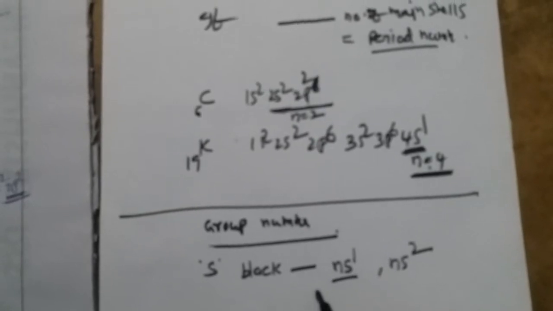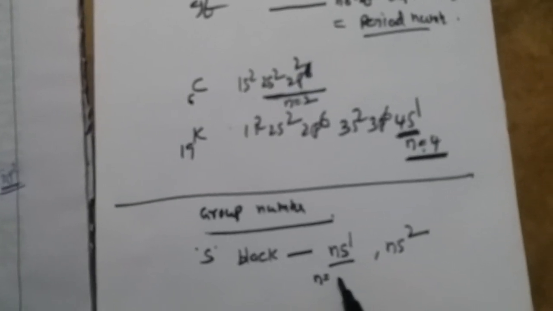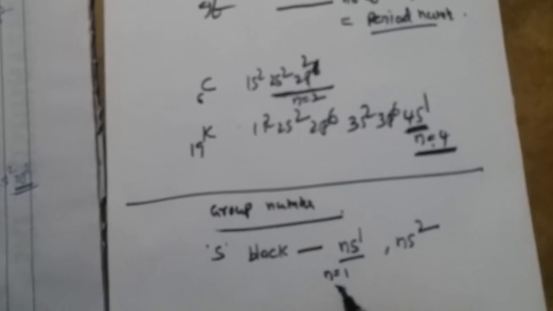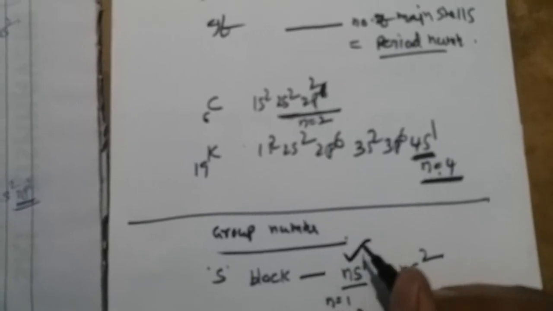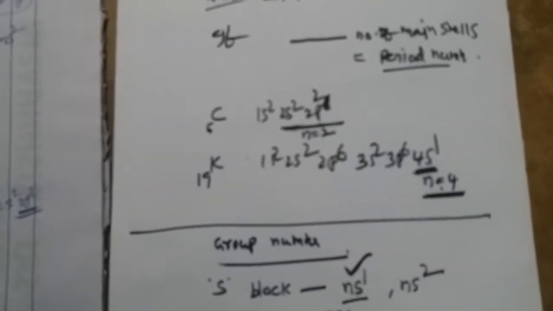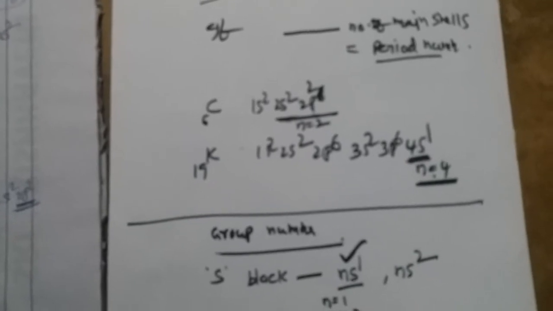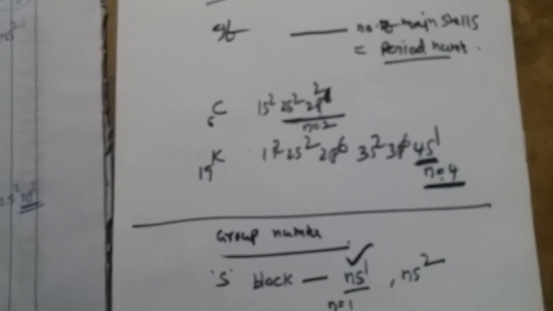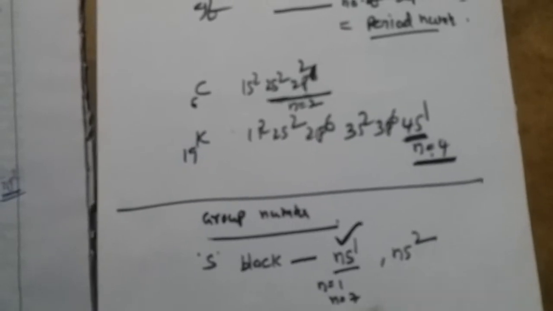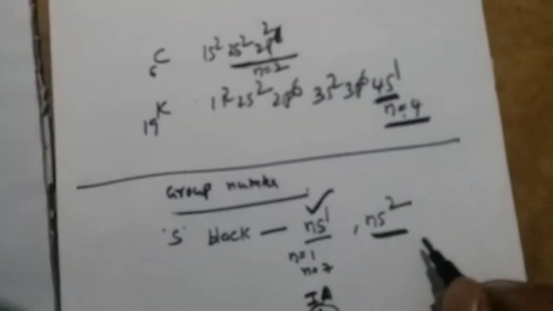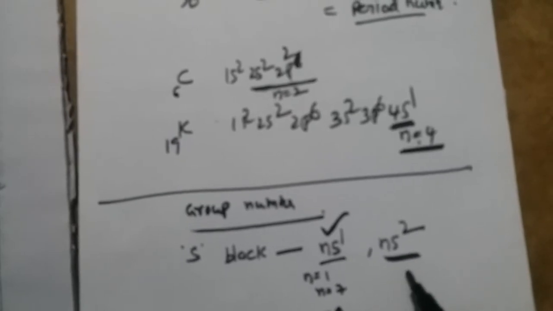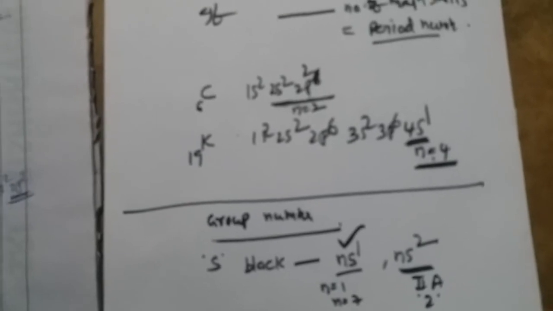For an S block element with valence electron configuration ns1, where n goes from 1 to 7, these are first group elements. So the group number is first A, or in IUPAC, first group. If the valence electron configuration is ns2, the group is second A group, or second group. Coming to P block.